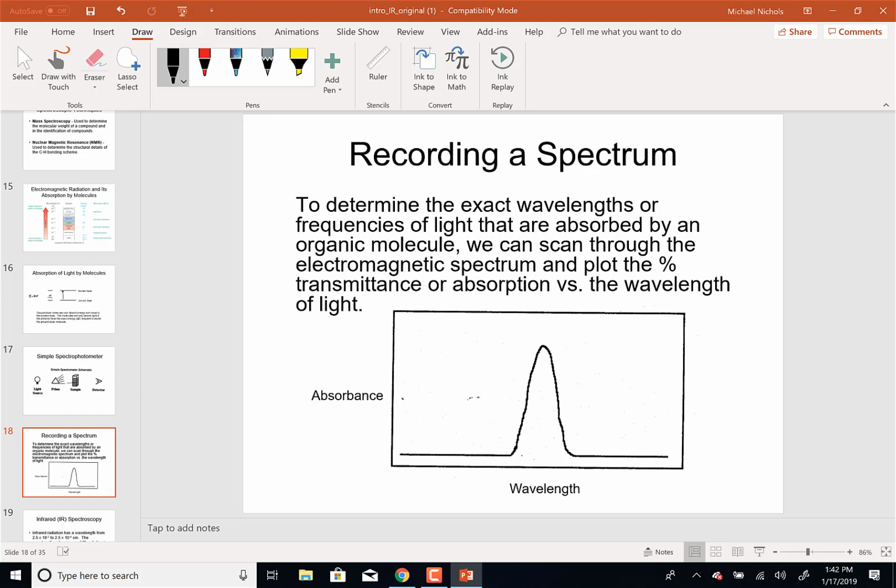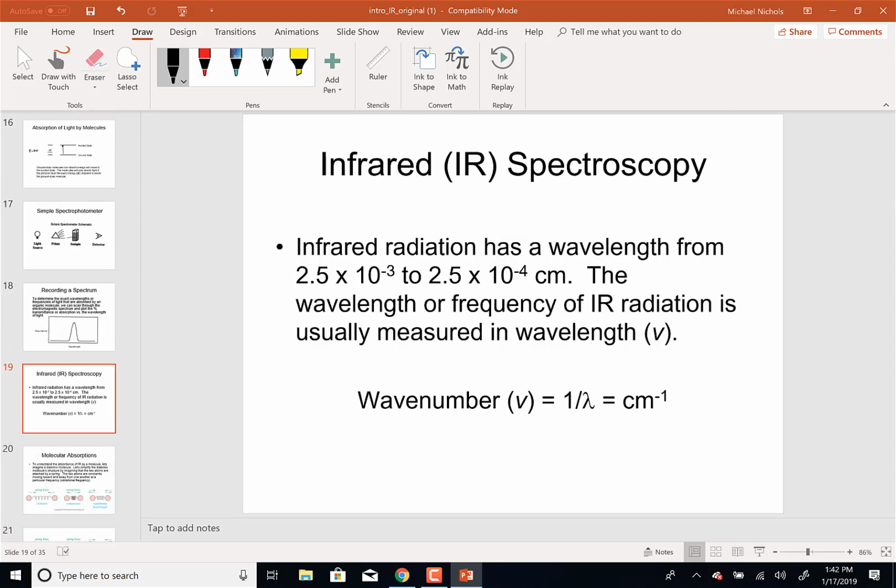But what we're going to do is use the spectrum to get information about the molecule structure. So that's where we're going to do things a little bit differently. Okay, so that's the basics of using light to look at molecules. It's all based on that ground state, excited state transition.